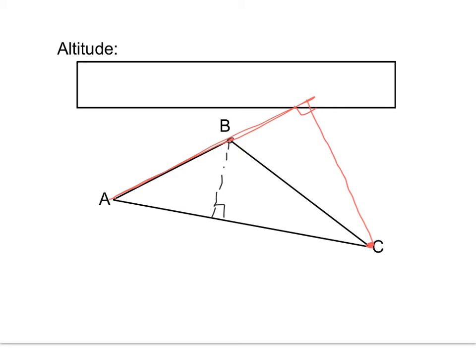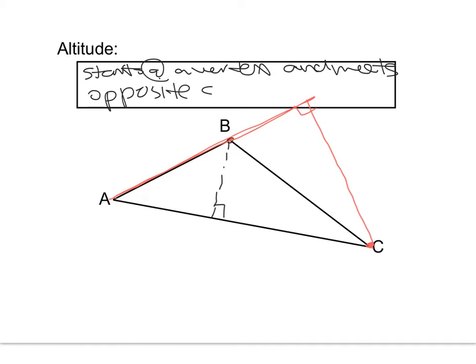But in your notes you should just have: starts at a vertex and meets the opposite side perpendicularly. You guys remember that means perpendicular. Not my best notes there, but you can take notes at home as needed.